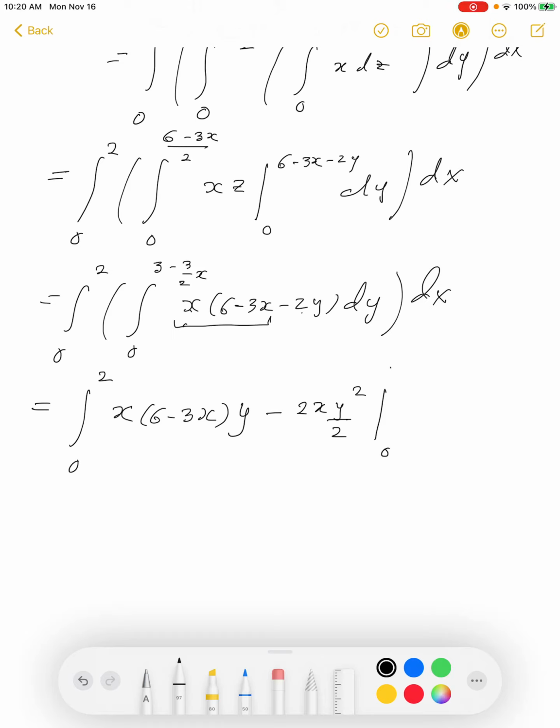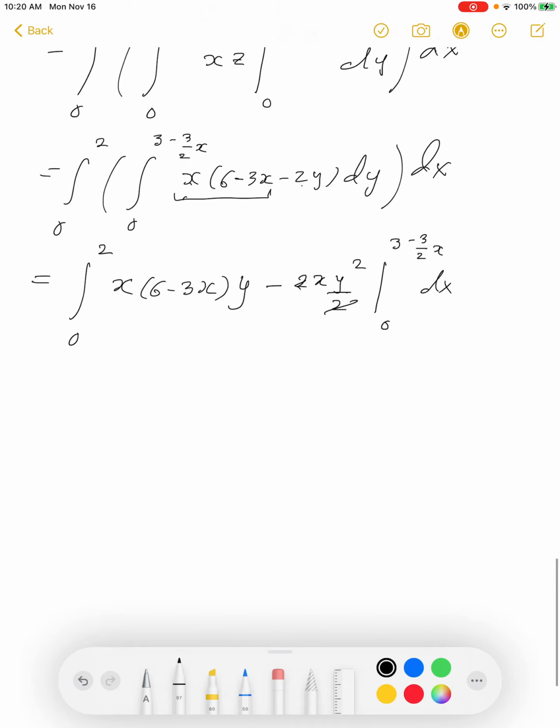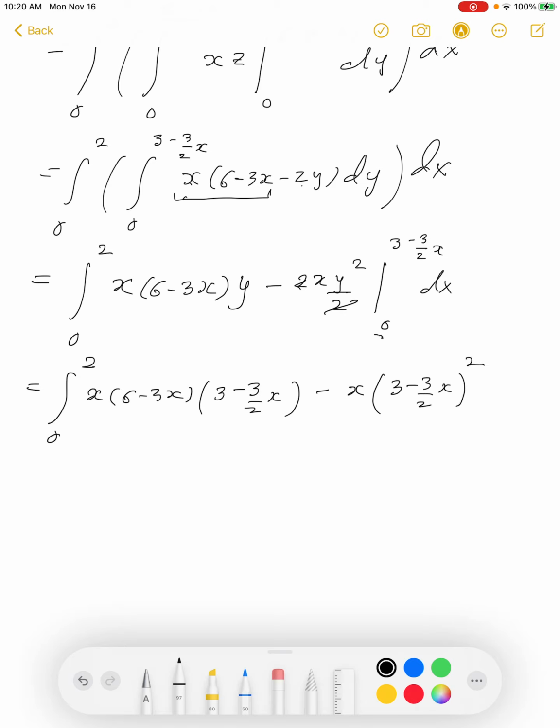And this will be evaluated between 0 to 3 minus 3 by 2 x, dx. This 2 and 2 will go away, and you will get 0 to 2. And now my y, this is going to be x times 6 minus 3x times y, with y being 3 minus 3 by 2 x. The value at 0 is 0, minus x y squared, with y being 3 minus 3 by 2 x. The value at 0 is 0.